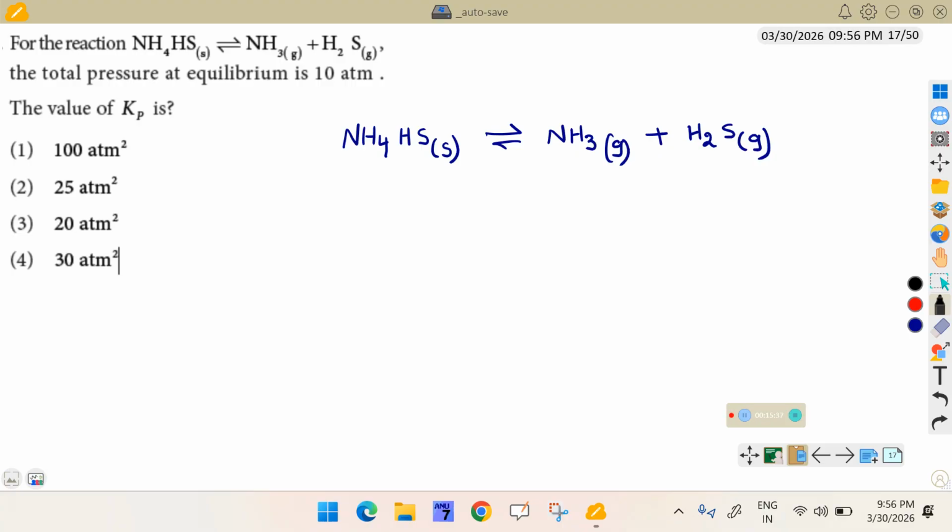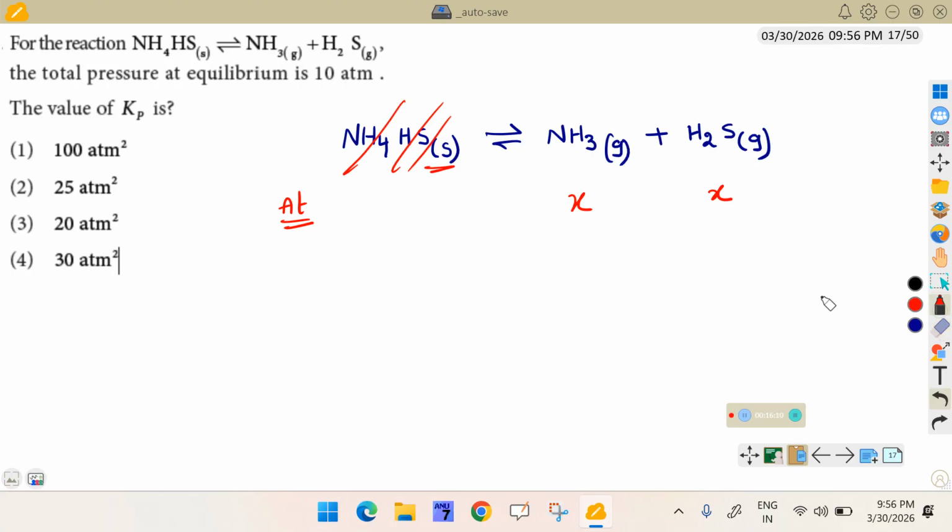For the reaction NH4HS gives rise to NH3 plus H2S, the total pressure at equilibrium is 10 atmosphere. Find the value of Kp. First of all, NH4HS is a solid, so neglect it. At equilibrium, X amount of ammonia is formed, X amount of H2S is formed. What is given?